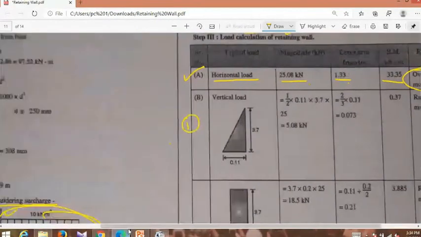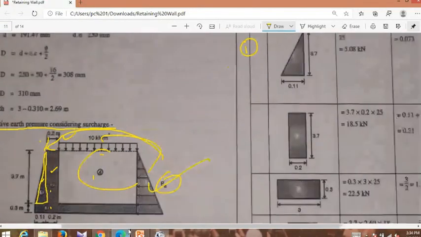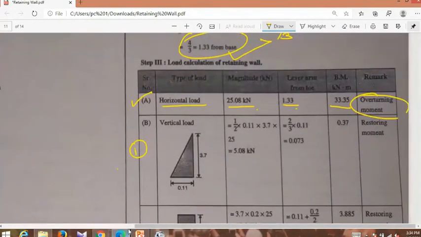The next one, the first section, what we have is this triangle. Okay, just take the triangle. You know all the dimensions. Find the magnitude. See here, this is the self weight, or you can call it dead load.